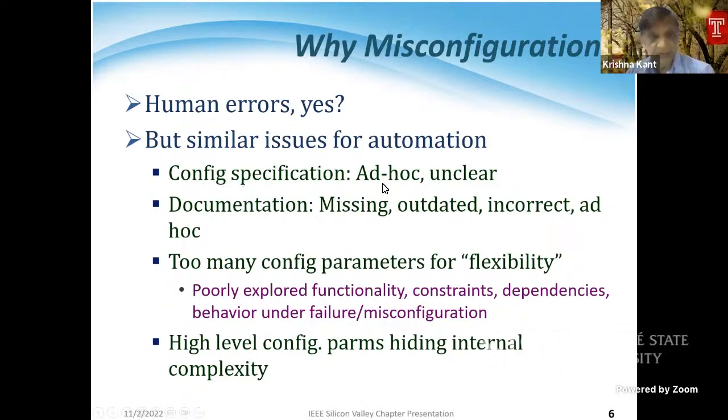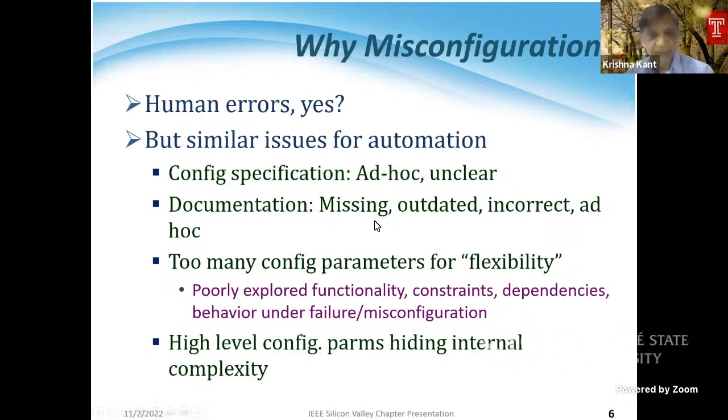So number one problem is in terms of specifying the configuration itself. How you specify, what language you use, what terms you use, and traditionally, the specification of configuration has been rather ad hoc, which causes misunderstandings and certainly problems when a person who is trained on one system tries to move to another system.